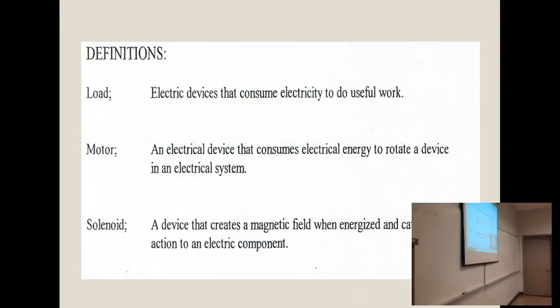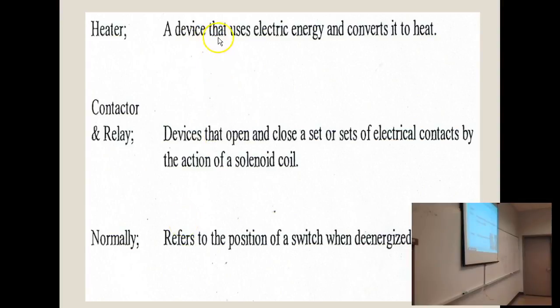Our gas valve opens up, our reversing valve slides, our water valve opens up. That's what it's causing an electrical component to do. What else we got? Heater: a device that uses electrical energy and converts it to heat. Contactor and a relay: devices that open and close a set or multiple sets of electrical contacts by the action of a coil. Doesn't have to be a solenoid coil.